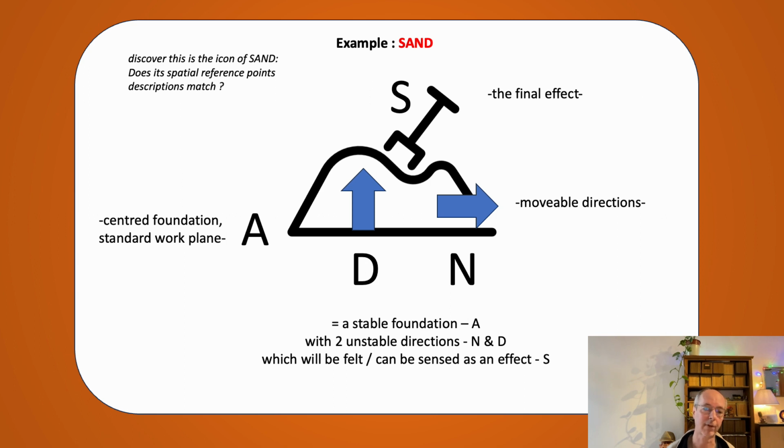Because you have here this stable foundation, the A, which is a sand lying on the ground, let's say, with two unstable directions, the N and the D, and this can be sensed as an effect via the S. This is sand. This is how we experience sand. That's why there's a mountain of sand there, but also an object with which you can sense what this structure or material is like.